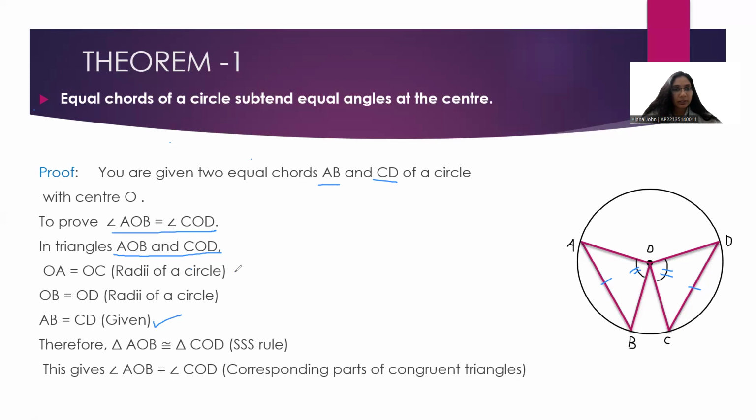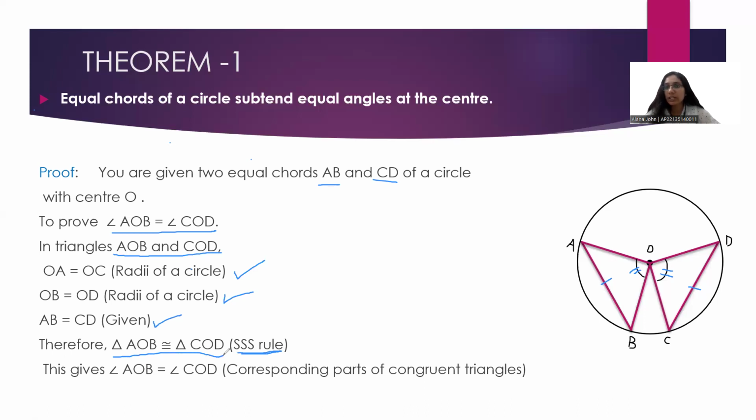Thus we got two more conditions, right? So all the three conditions which we have got are regarding sides. Side, side, side. So which congruence rule should be applied here? Yes, by the SSS congruence rule, we can see that the two triangles are congruent.